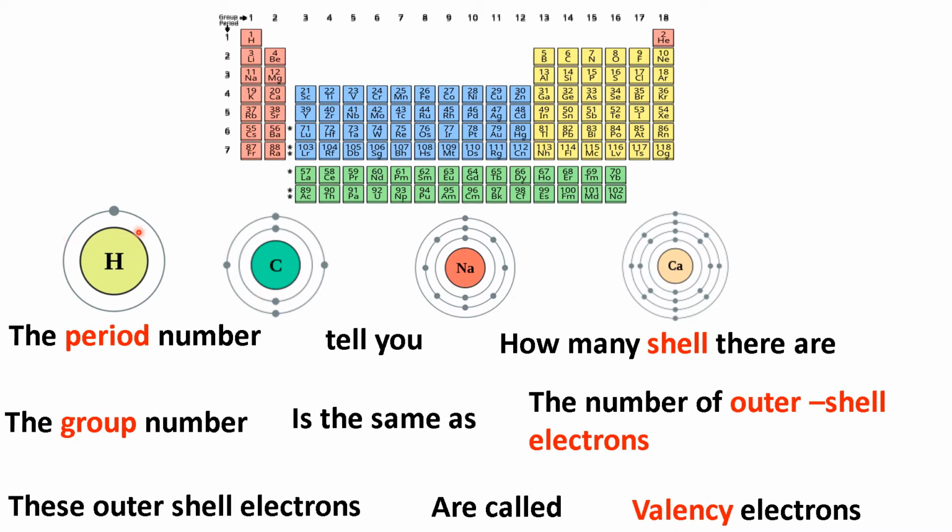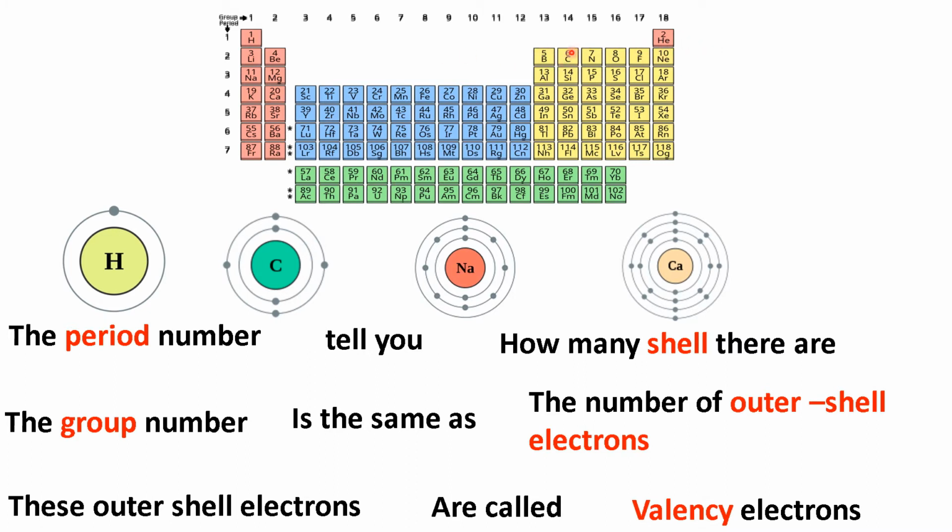In hydrogen atom, because of 1 shell, it is present in period number 1. Here, period number 1, we find hydrogen. In carbon atom, we have 2 shells, so carbon is present in period number 2. Here, period number 1. Here, period number 2.